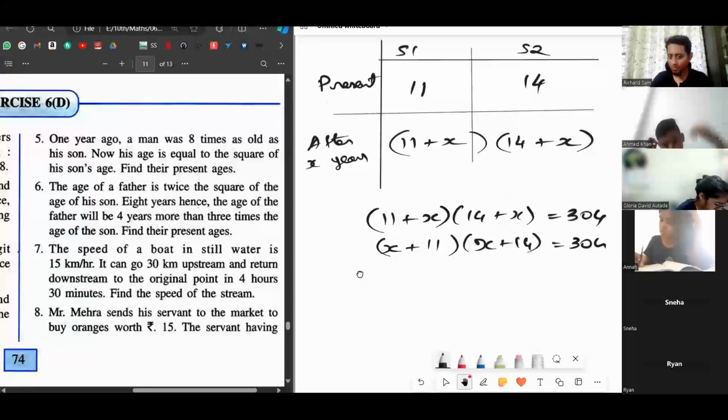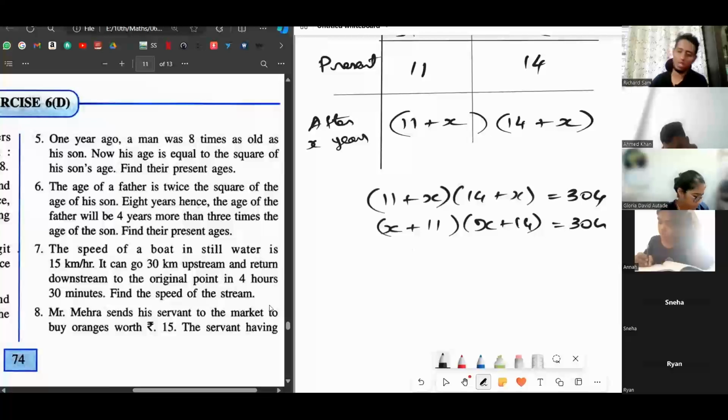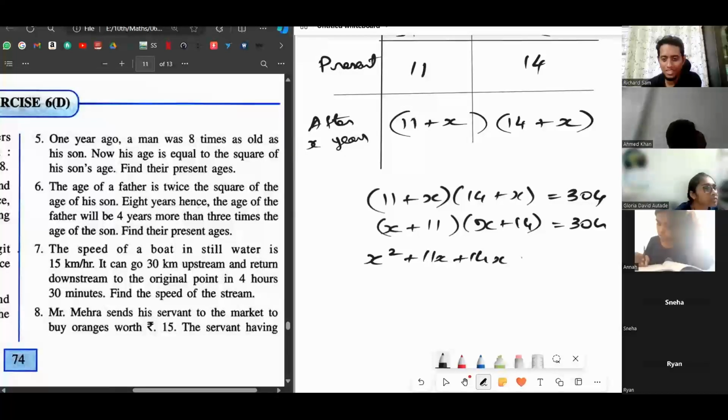Okay, I'm just solving it. If you don't get it, that's x squared plus 11x plus 14x plus 154 is equal to 304.